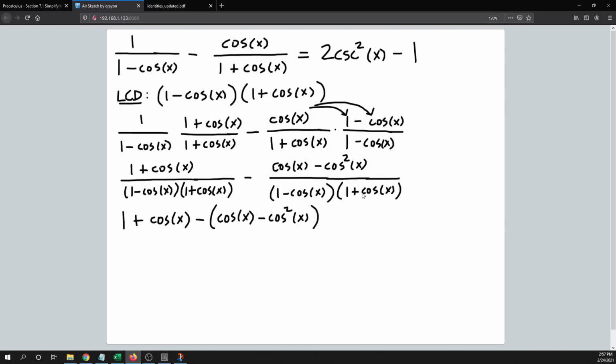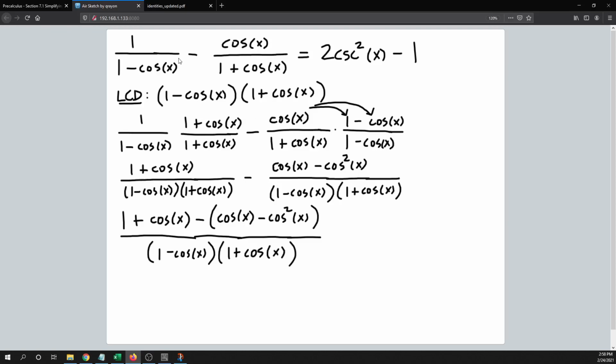Okay, and all of that is going to be over one minus cosine x and 1 plus cosine x, sorry. Like so.